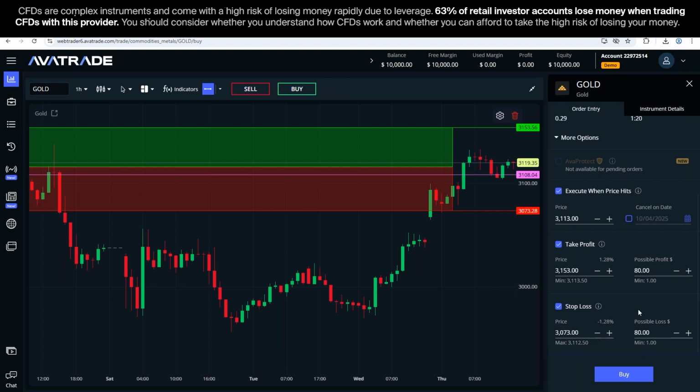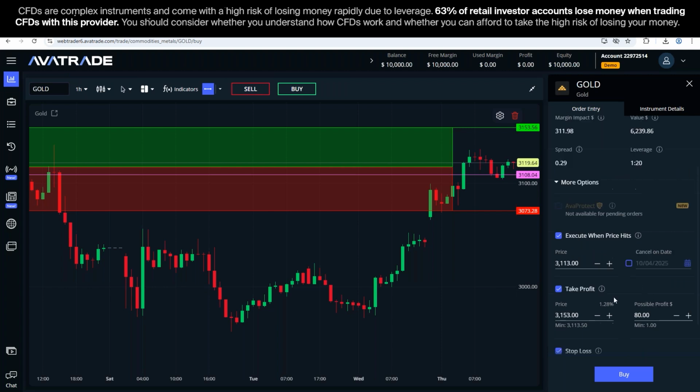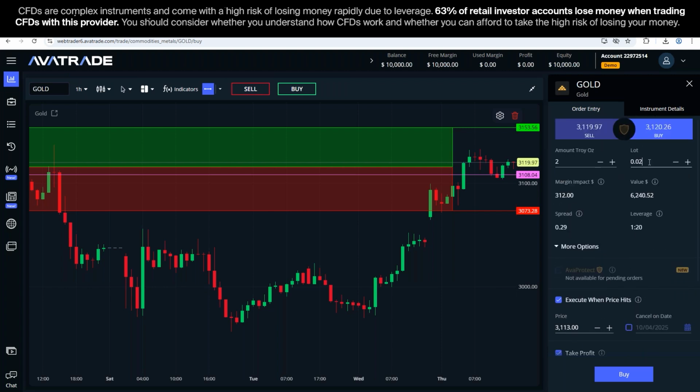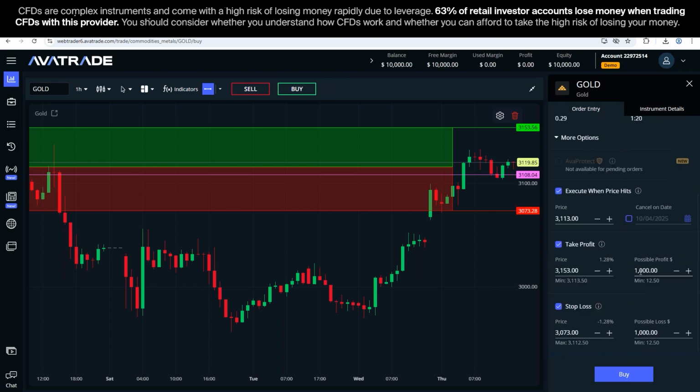Both of them are very, very low compared to what we had in the beginning. We had 2,000, which was a reasonable amount, but compared to our balance, it might be a bit too much. So we reduced the lot size, but now it seems a bit too extreme.